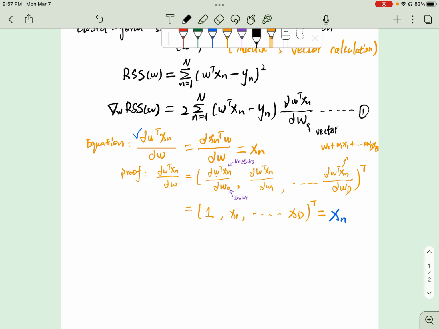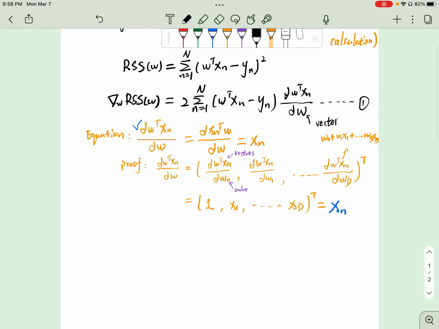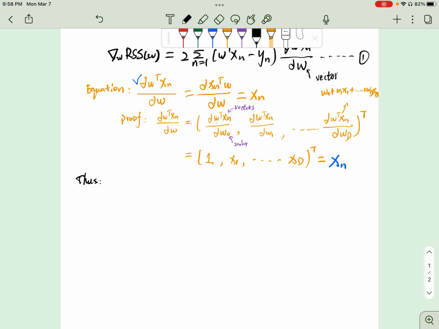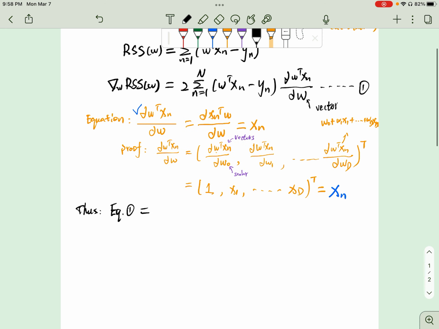Okay, let's get back to equation 1. Okay, so thus equation 1 will be equal to, I just copy it here, summation from 1 goes to capital N of omega transpose xn minus yn, times xn.